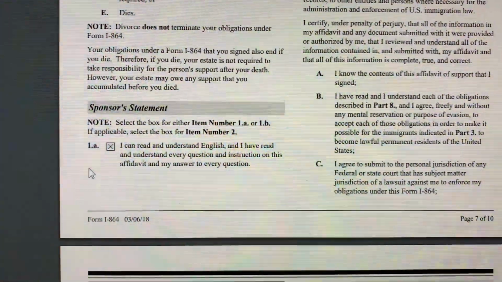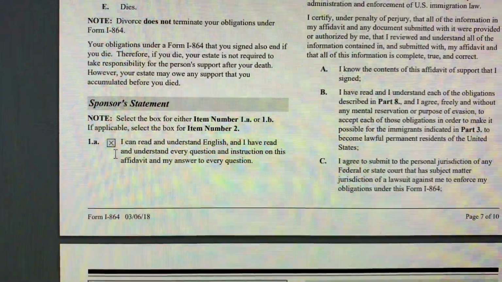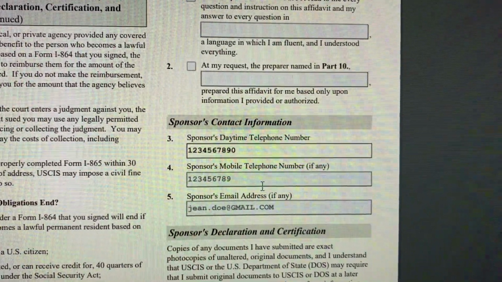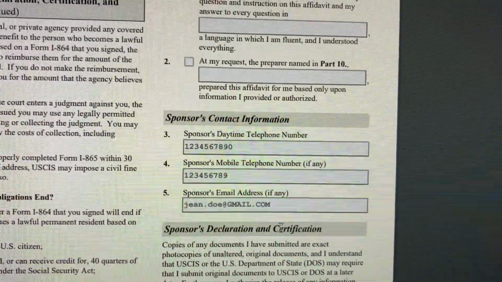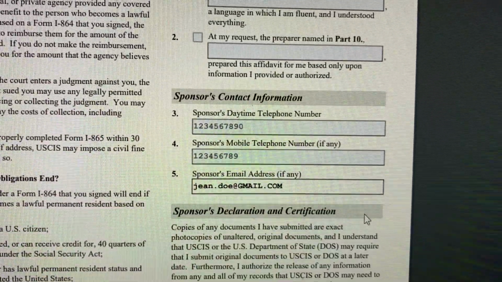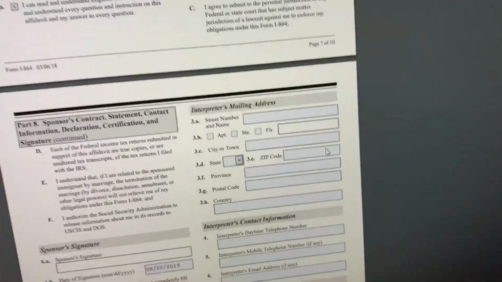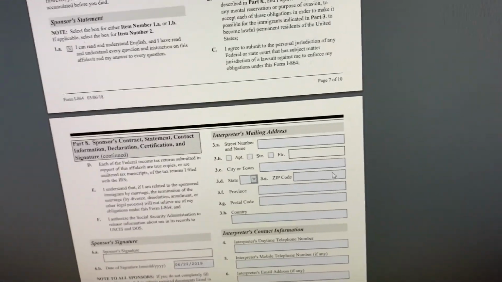Sponsor statement. So I can read and understand English. The sponsor's telephone number, mobile number, and email address. It's very important.